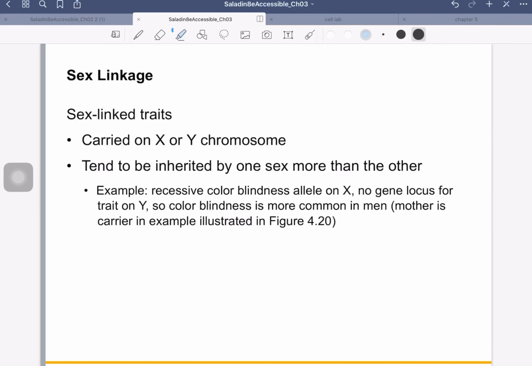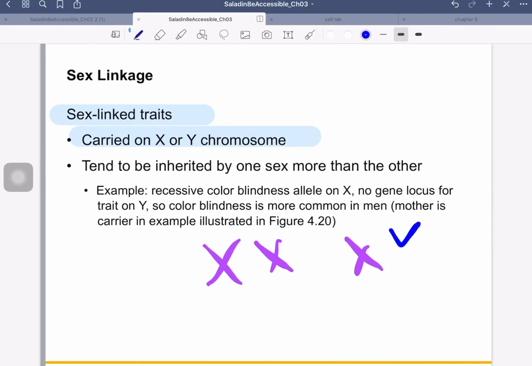Now, you may hear the term sex-linked, and these are alleles that determine phenotypes often carried on the X or the Y chromosome. If you think about it, females typically have XX, and males have XY chromosomes. So any allele variation, or especially if there's an issue with developing a phenotype from it, tends to be inherited by one gender or sex more than the other.